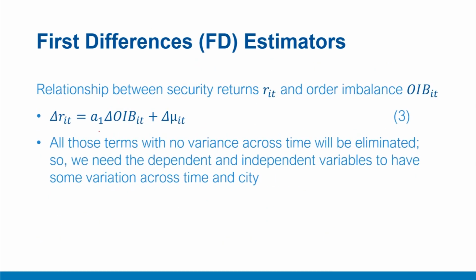Because all terms with no variance across time will be eliminated, the independent variable ought to have sufficient variance across time, and for proper estimation it should also have some variation across cities, otherwise the estimates of alpha 1 will be spurious in nature. So we need variation not only across time but also across cities.